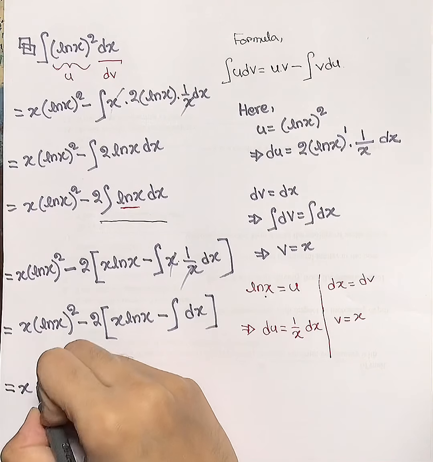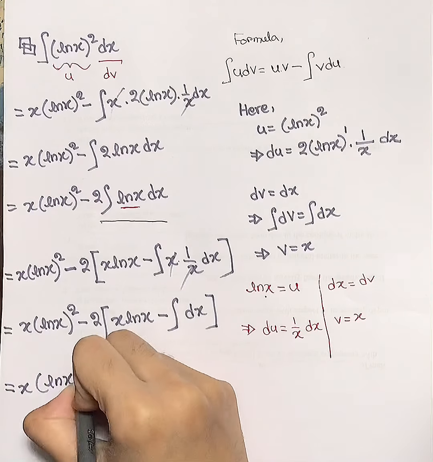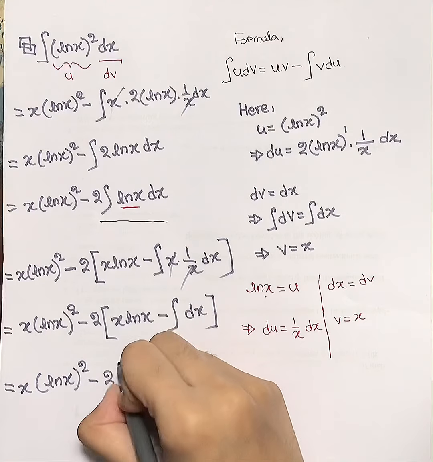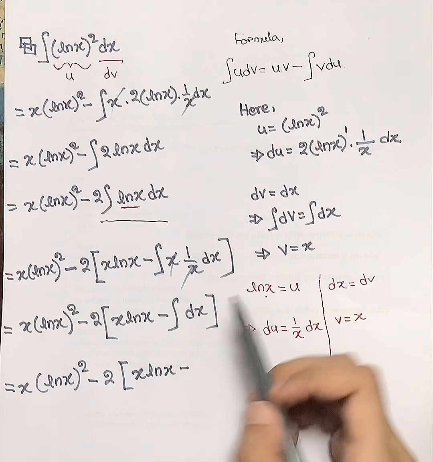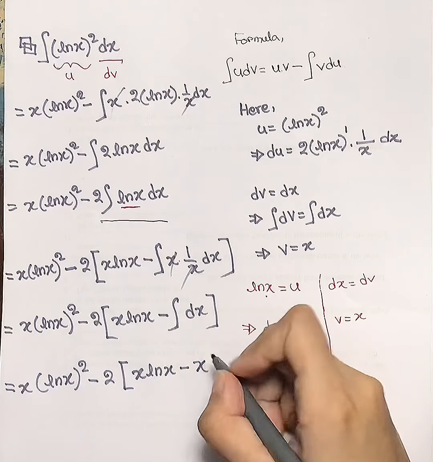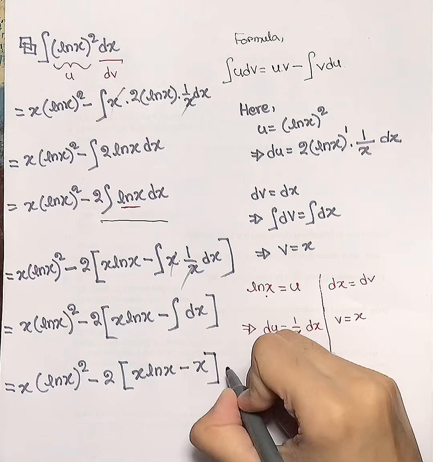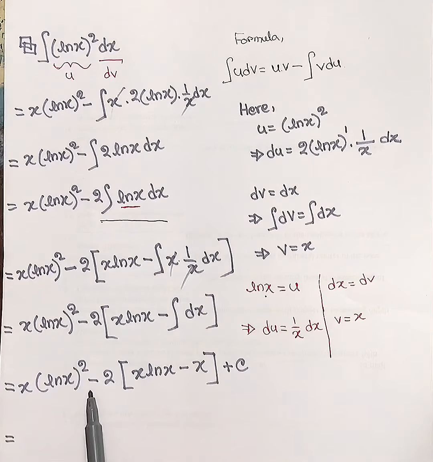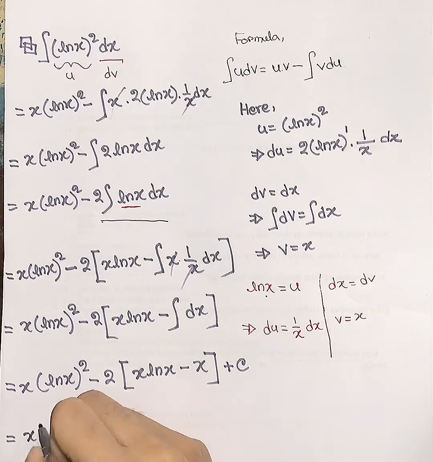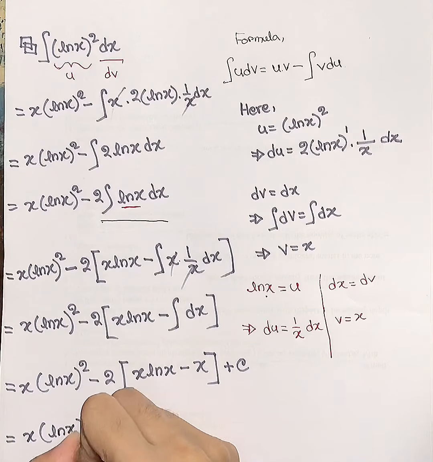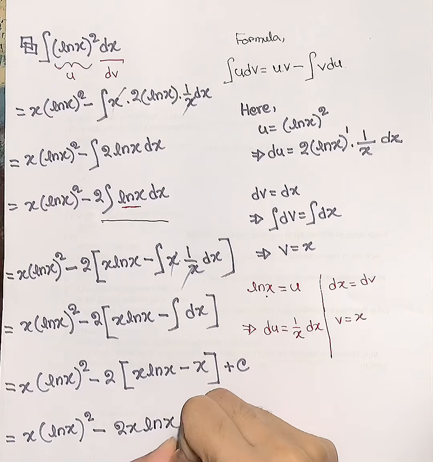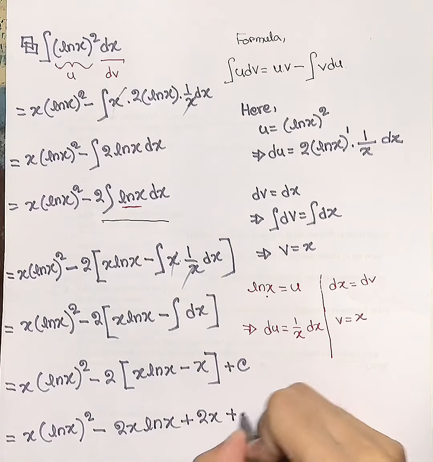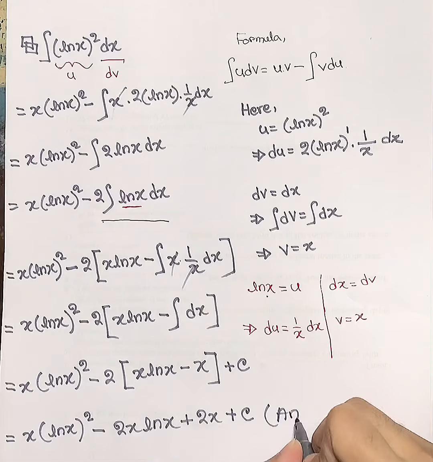So I will have x into (ln x) whole square minus 2, then x ln x minus the integration of dx, which will give me x, and then plus c. Now if I multiply negative 2 with this whole thing, then I will have x into (ln x) whole square minus 2x ln x plus 2x plus c. So this was my final result.